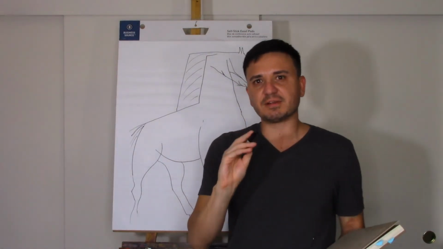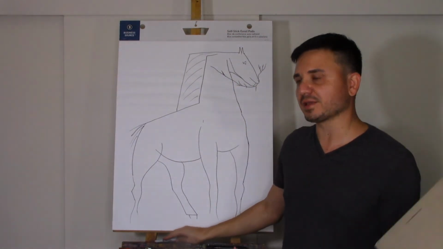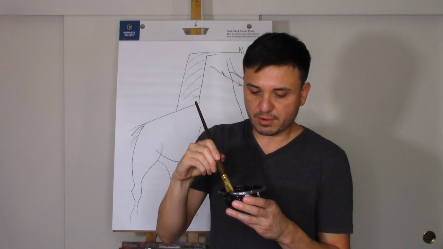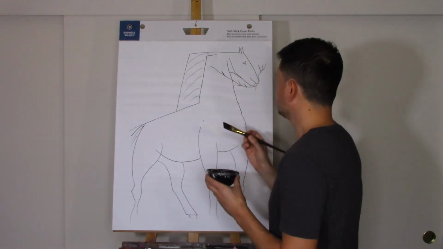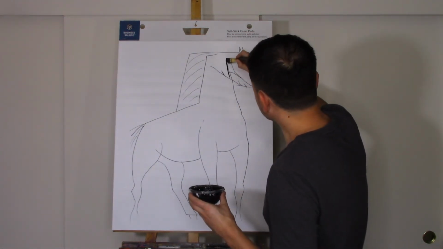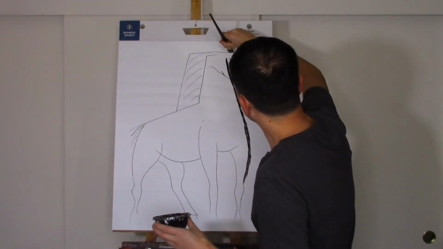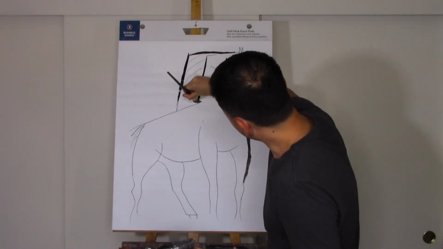Now since this line is very fine, I'm going to come back with some acrylic paint to make them thicker. That way it's more visible to the eye. So this is just black acrylic paint with water, and then I'm going to use an angled brush to make some of these lines darker. I don't think I'm going to do all of them.